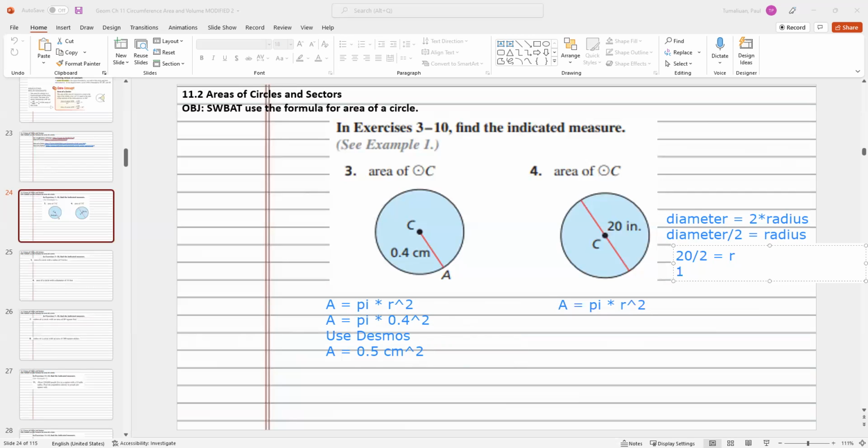And what do we get? 10. 10 equals r. So over here, we get A equals pi times 10 squared.